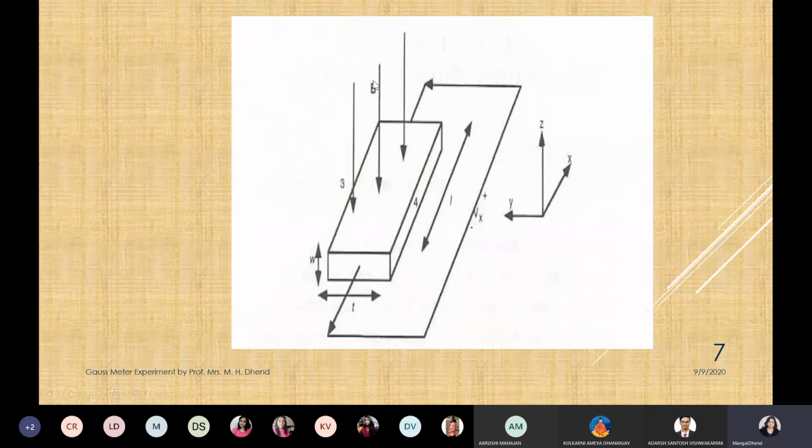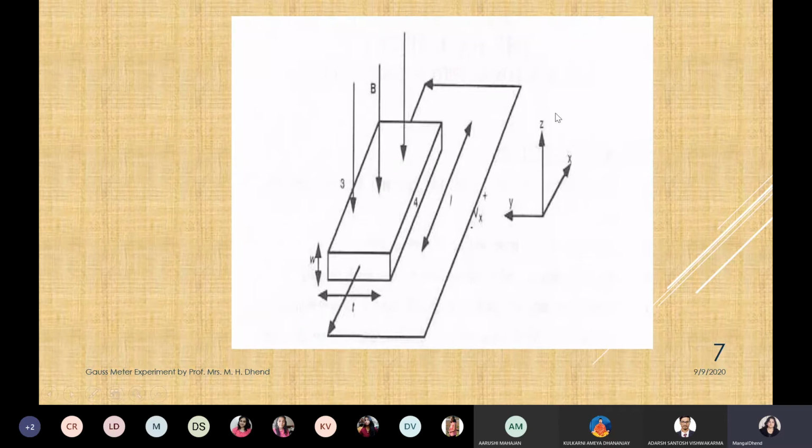Now B you can find out, because the VH generated will be known and the current is known. KH will be known because whatever probe you are using, the constant will be given on that probe. It will be marked on the probe or it will come with the apparatus. Suppose it is 70.